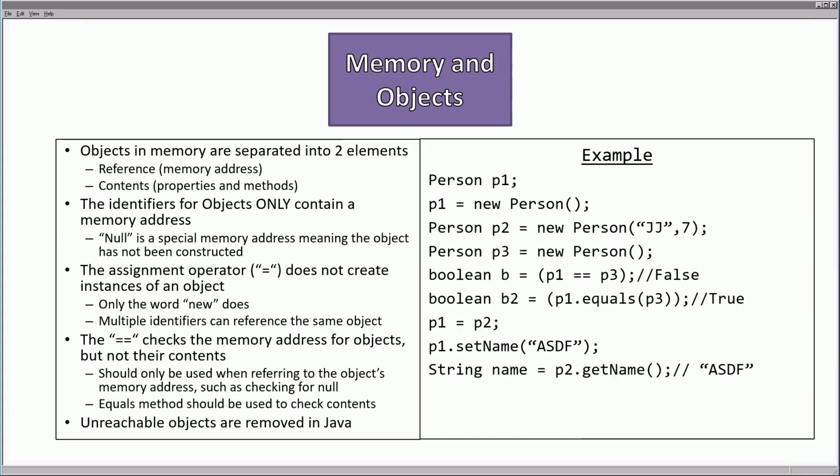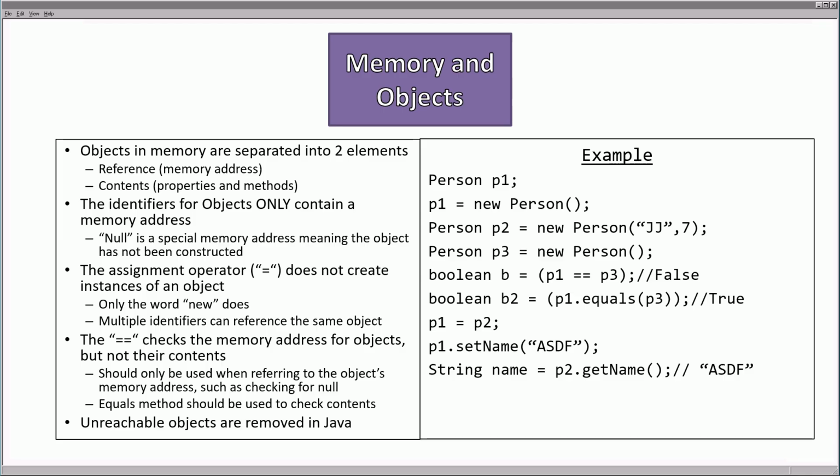It allows code to be replicatable simply by using the word new. Going into a little more detail, when we refer to memory and objects, we have to remember that an object type is separated into two elements, a reference and the contents. The identifiers for objects only contain a memory address, the reference.